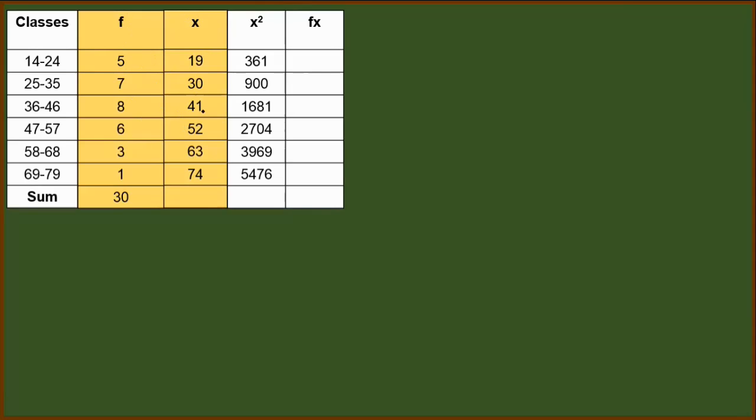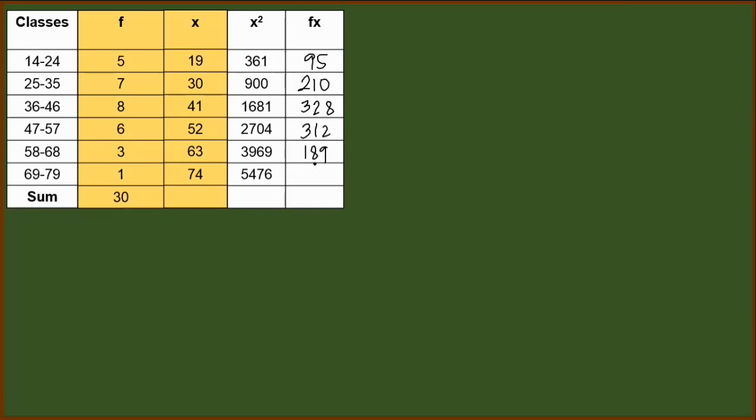We multiply them. 5 times 19 will give us 95. 7 times 30 will give us 210. 41 times 8 will give us 328. Next, we have 52 times 6, or 6 times 52. That is 312. 3 times 63, that is 189.